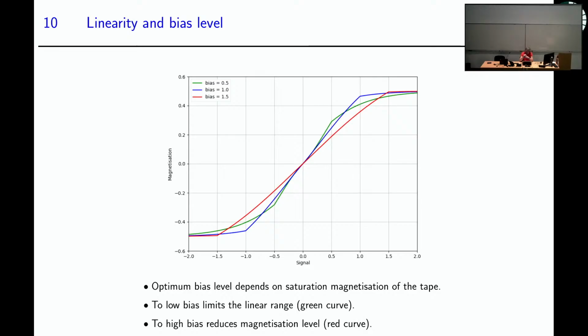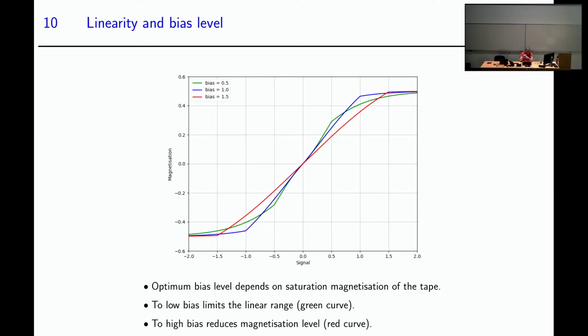So at low frequencies, we could pre-compute one of these curves, which is for different bias levels. And you can see they are all three quite linear, at least part of them. So the best one here would be the blue one, which is for a medium bias level. If you use less, then you get, for example, the green one, which has a smaller linear range.